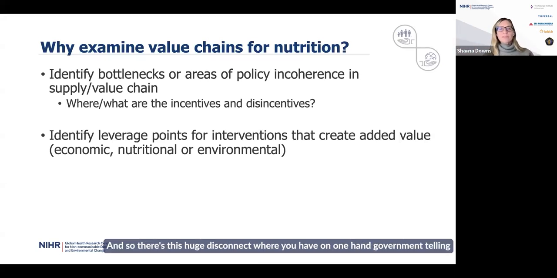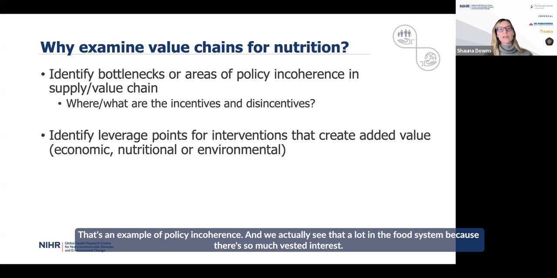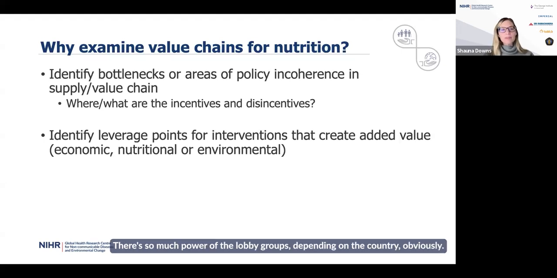So there's this huge disconnect where you have, on one hand, government telling people to eat in a specific way, and then all of their agriculture policy is pretty much aligned to a totally different vision. That's an example of policy incoherence. And we actually see that a lot in the food system because there's so much vested interest, so much power of the lobby groups, depending on the country, obviously.